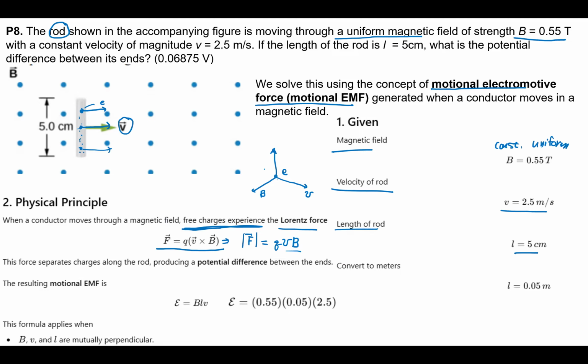Okay. So what is happening here is that by the movement of the rod, you will have a negative charge on the top, and then by charge neutrality, you will have a positive charge like that. And then that means there is a potential difference, an electric potential difference. Okay.